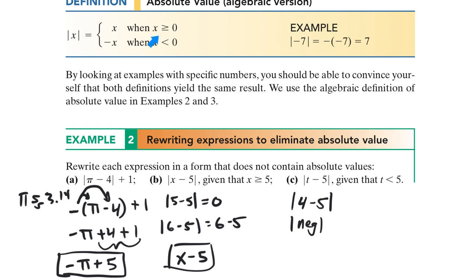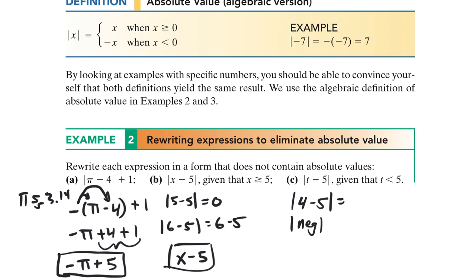When x is smaller than 0, this is going to be the opposite of whatever x is. So this ends up being the opposite of whatever 4 minus 5 is, which is the opposite of -1, which is just 1. And that's just one example, but what we're trying to do is solve this for all examples here. I was just trying to give you an example of what's going on here.